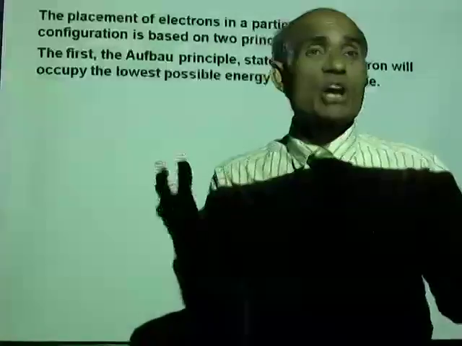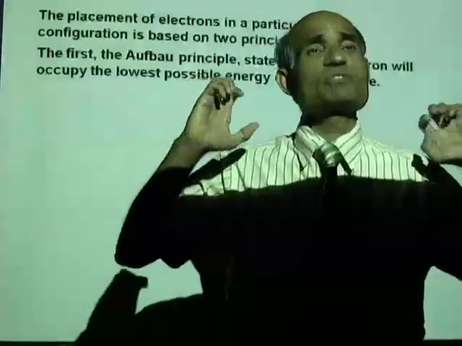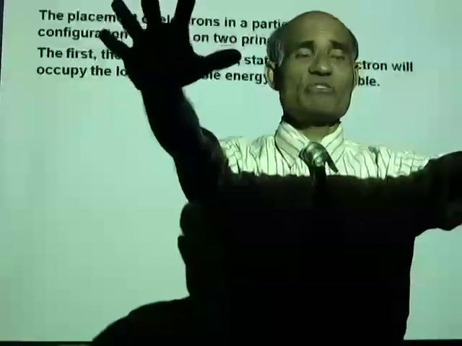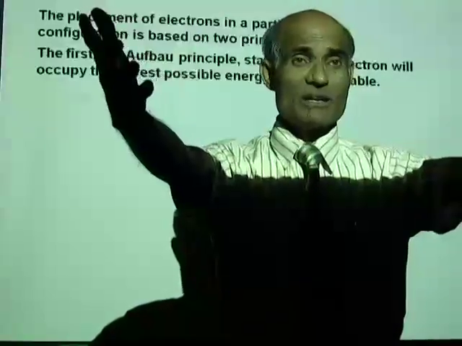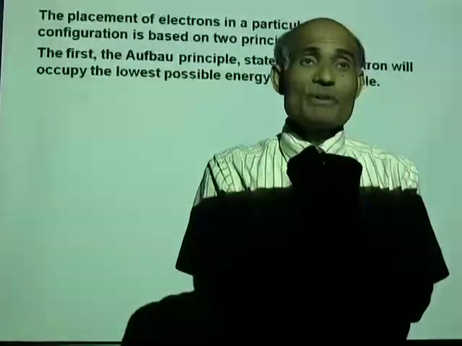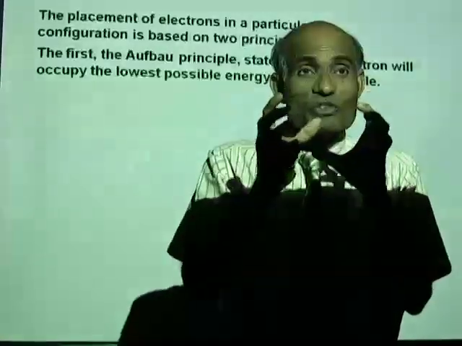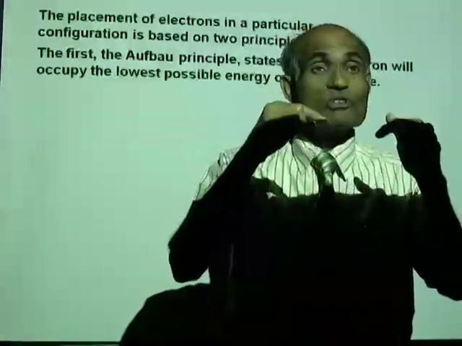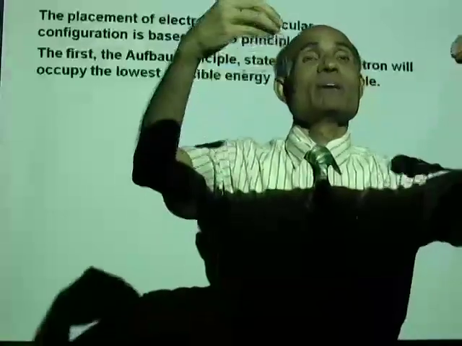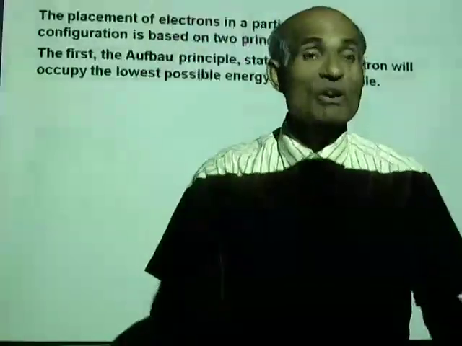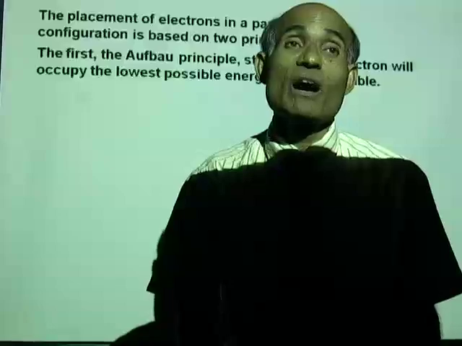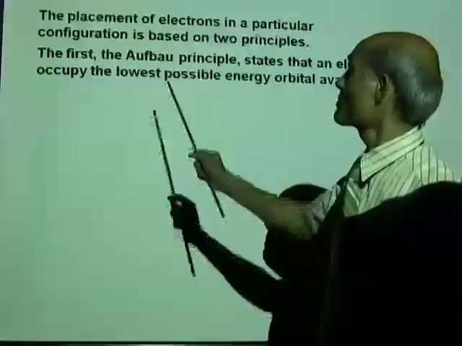Now, unlike in a class where students would come and sit as far away from the professor, is that right? You all do that. In an atom, that's not allowed. Electrons will occupy the lowest energy levels, which are closer to the nucleus, first, and then systematically fill the levels that are outside. That is the first principle.